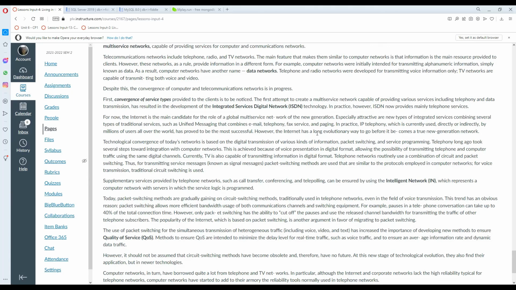Especially attractive are new types of integrated services containing several types of traditional services, such as unified messaging, combining email, telephony, fax service, and paging. In practice, IP telephony, which is currently used directly or indirectly by millions of users all over the world, has proved to be the most successful. However, the Internet has a long evolutionary way to go before it becomes a true new generation network.